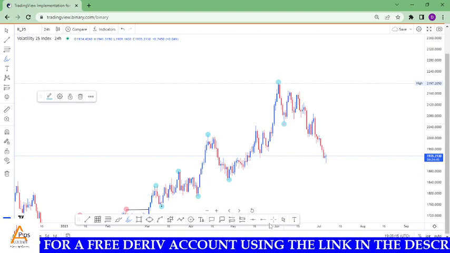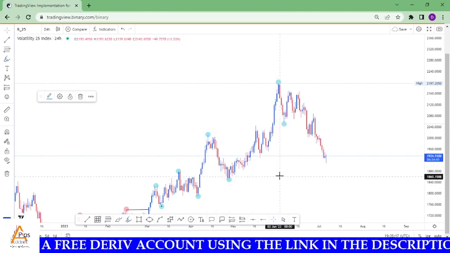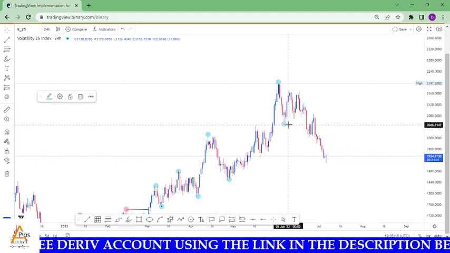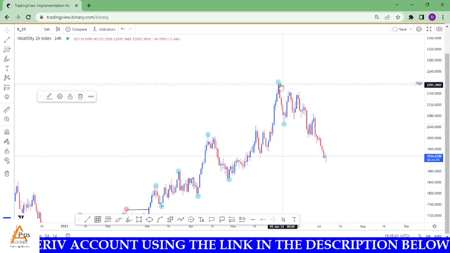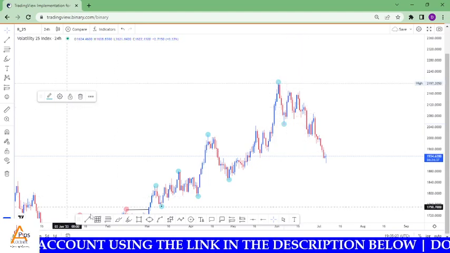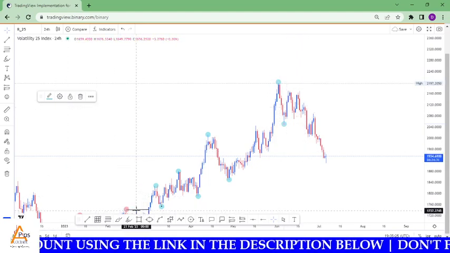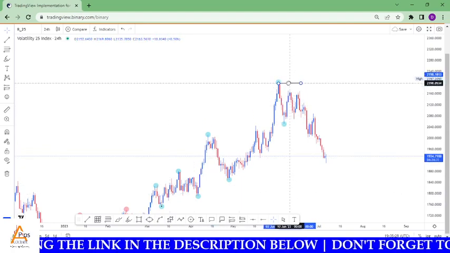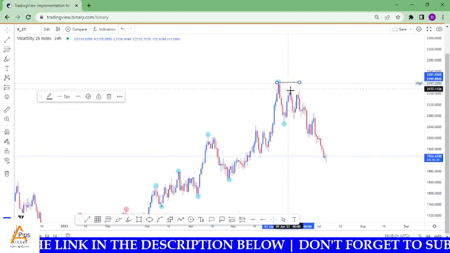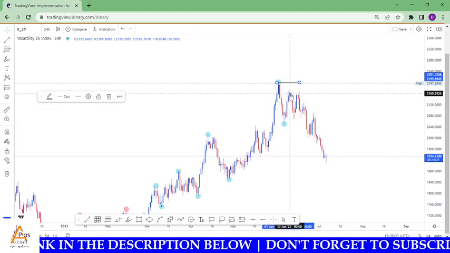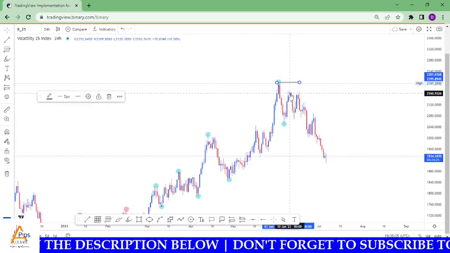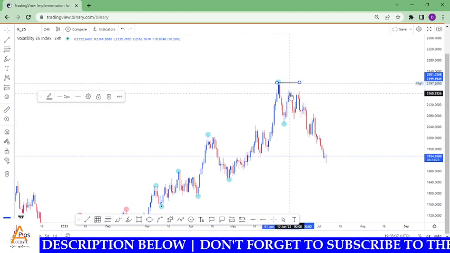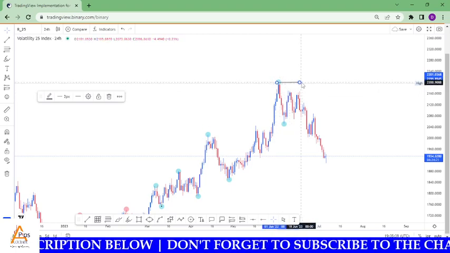Now let me explain this because we'll be coming there though. After this low was created, we are expecting the market to go higher than this high to create the next higher high in this movement. But realize the market didn't get there. Okay, so there's something we call a shift in market structure. This is telling us that the market is beginning to shift.